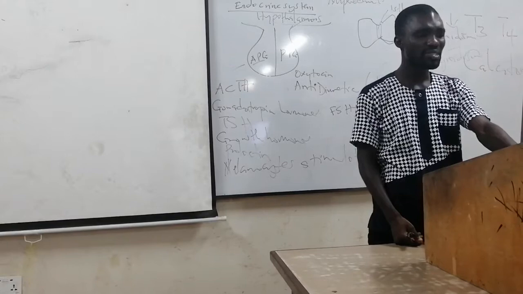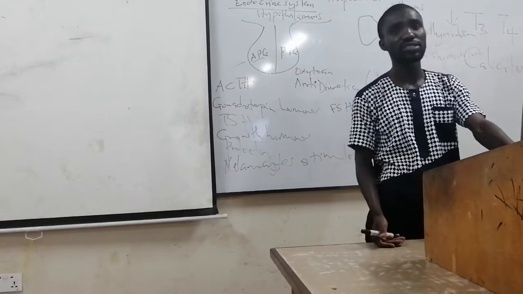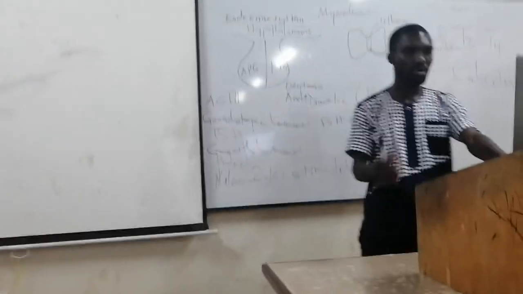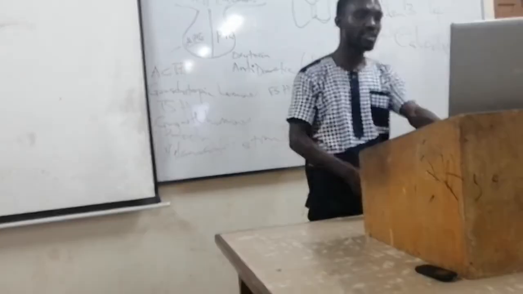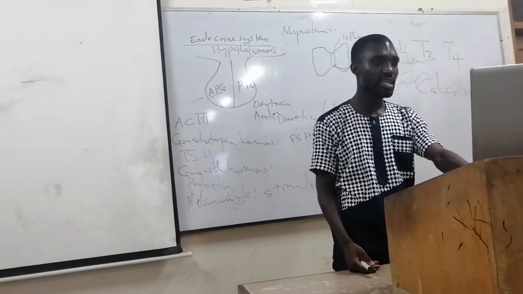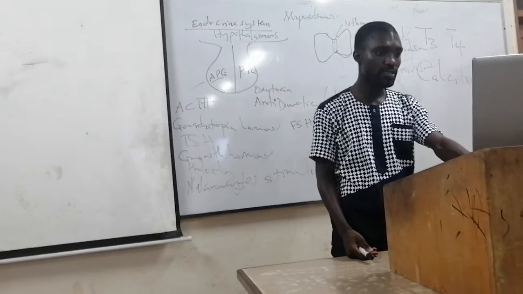And sometimes it can even lead to seizures and all that. It's a complication of hypothyroidism. So if hypothyroidism is not managed, it can lead to the myxedema that we are talking about.